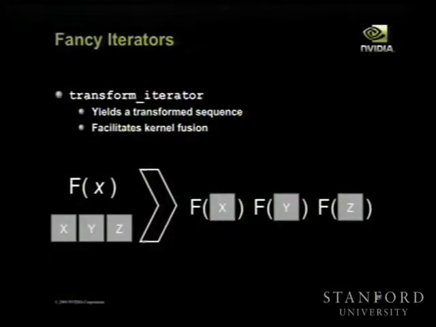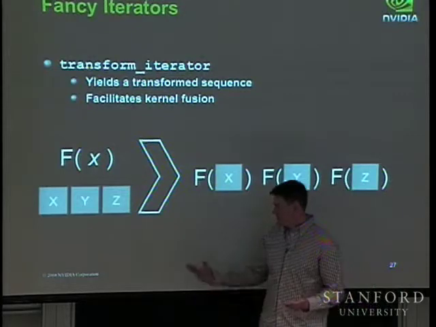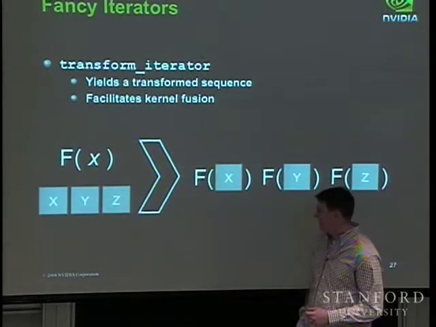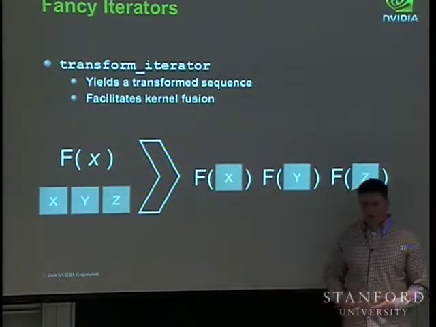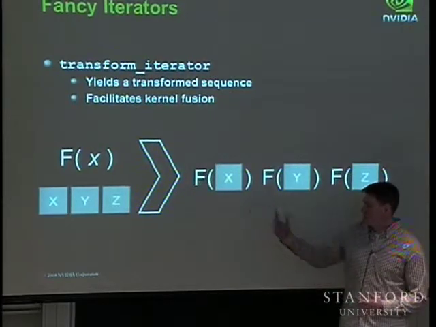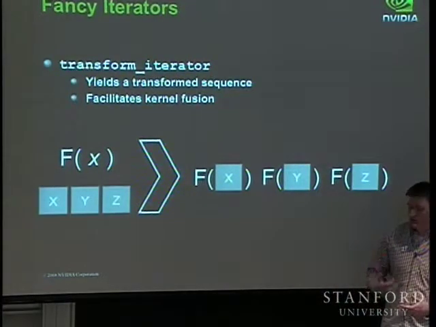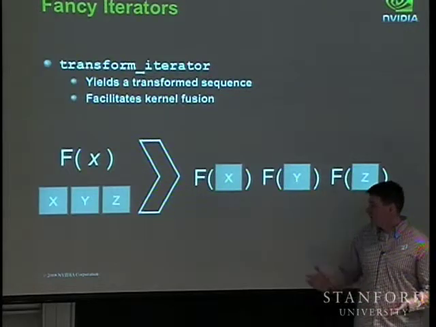Transform iterator. Normally in memory we have just an array with the explicit values x, y, and z. And sometimes we want to apply a function to that and feed f of x and f of y and f of z into the algorithm. Sometimes you want to perform an algorithm on a sequence, but you want to perform some transformation before you perform that algorithm.